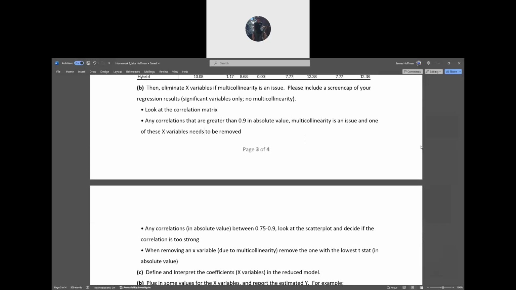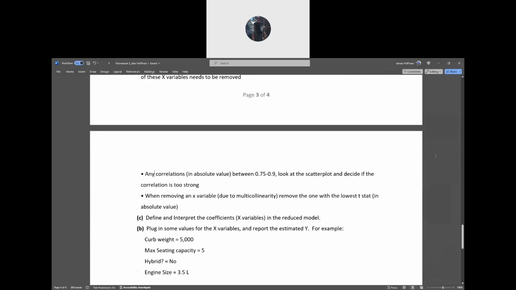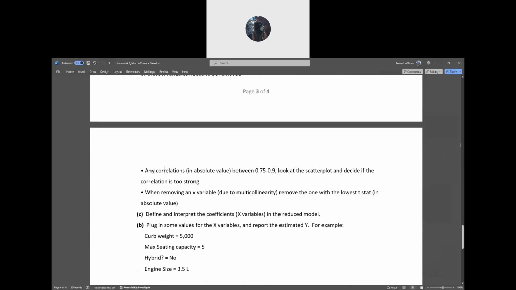Multicollinearity is an issue, and one of these variables needs to be removed. But if they're in the questionable range, between 0.75 and 0.9, take a look at the scatter plot and decide if it looks like a strong correlation. Because remember, one of them clearly looked strong and one didn't. And then when taking one of them out, take the one with the lowest t-stat in comparison to the other. So that's kind of what we did.